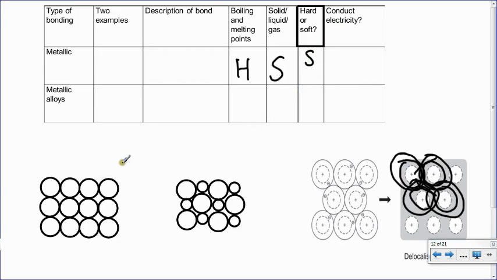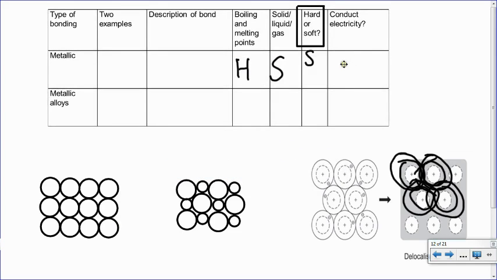Like pure iron, you apply a force to it, you can bend it, so it hasn't got a lot of strength. Does it conduct electricity? Well, yes, of course metals conduct electricity, because the electrons are free to move through these orbitals from atom to atom because they overlap. So yes, the electrons are free to carry the charge.